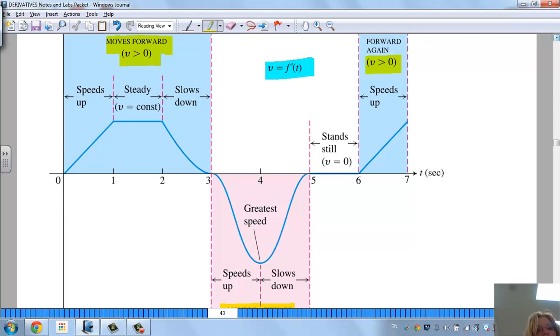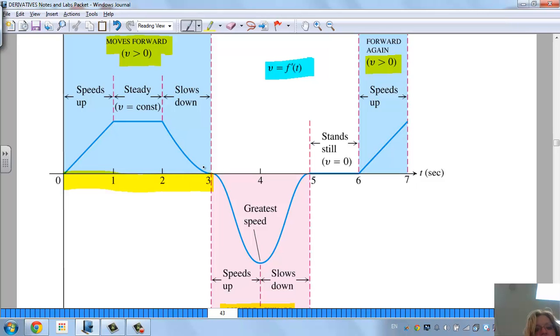So if I look at this during the first 3 seconds, from 1 to 3, right here, you can see that this particle is moving forward, okay? It's speeding up here because it's increasing. It stays constant here, so it stays steady, and then it's decreasing, so it's slowing down. That's what's happening the first 3 seconds.